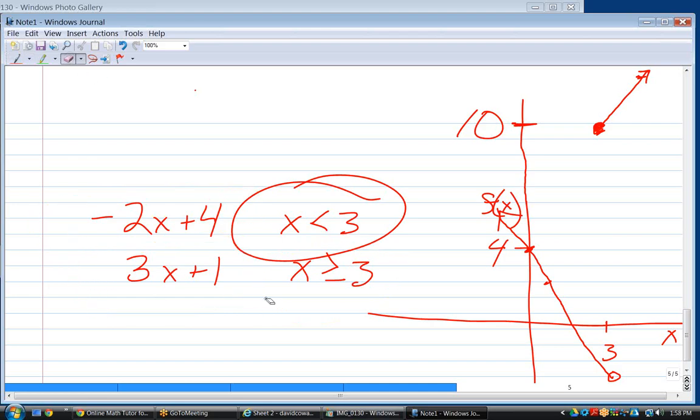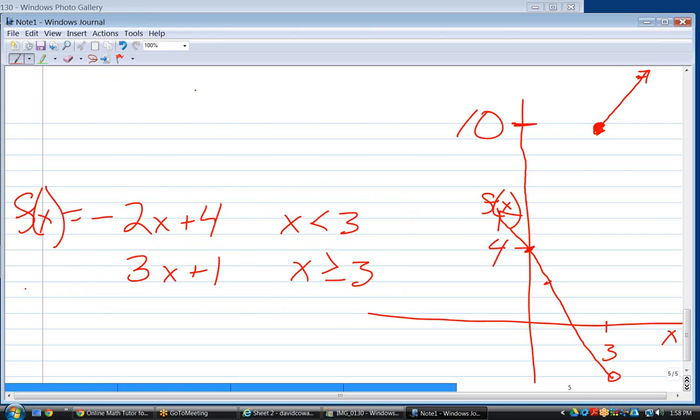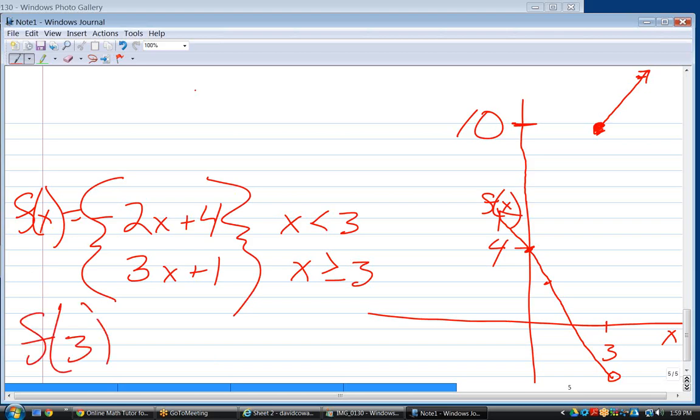So their question here, because this is f of x equals, okay, so when they say f of 3, what is that equal to? For the top one, it'd be... No, hold on.